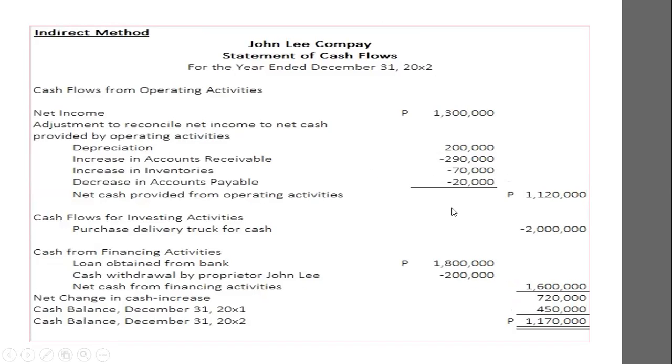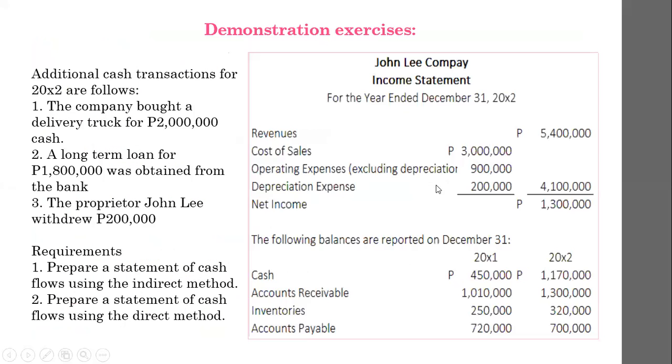Then, negative 20,000. Okay, then yung decrease in accounts payable, negative 20,000. Kung mapapansin nyo, baka ma-confuse kayo, magpatanong kayo sa akin. Yung 20x1, 720,000 and 700,000.